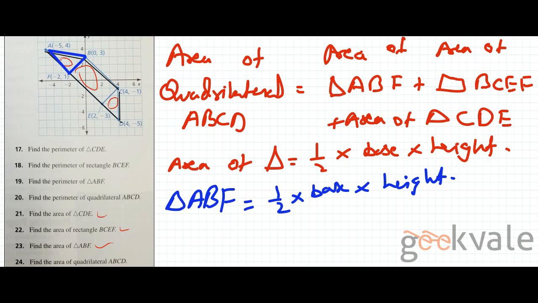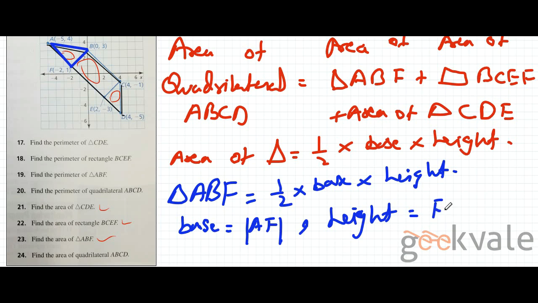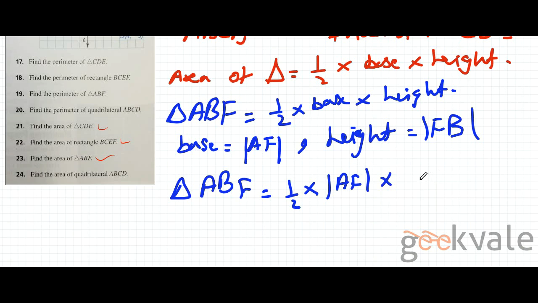The base of that triangle is actually AF, the distance AF, and the height is the distance FB. So the new formula will look something like this: the area of the triangle ABF will be equal to half times the distance AF times the distance FB. Right? Half times base times height.